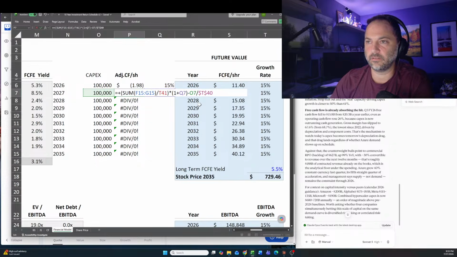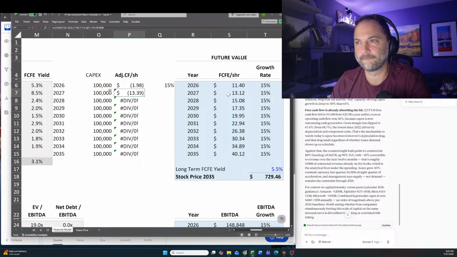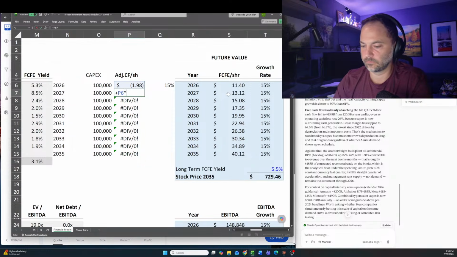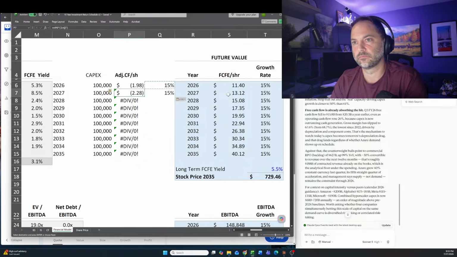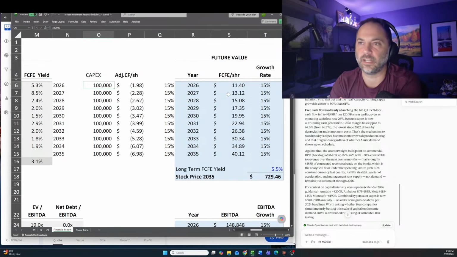So if you grow that at 15%, well, that's just this times. So $100 billion would make them negative in CapEx. I'm not sure we want to do that.